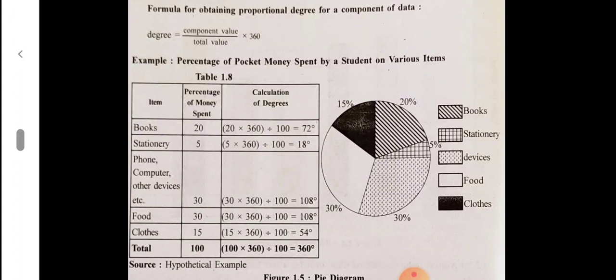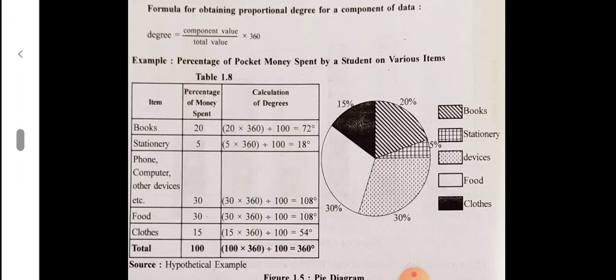From first calculation, we can say after converting data in degree, we get 72 degrees. So, out of 360 degrees, 72 degrees is covered by money spent by students on books.